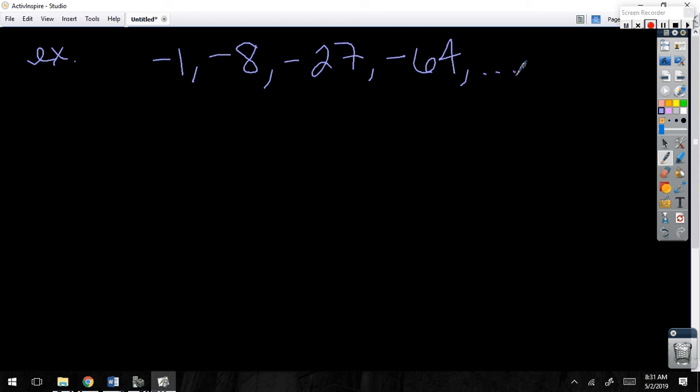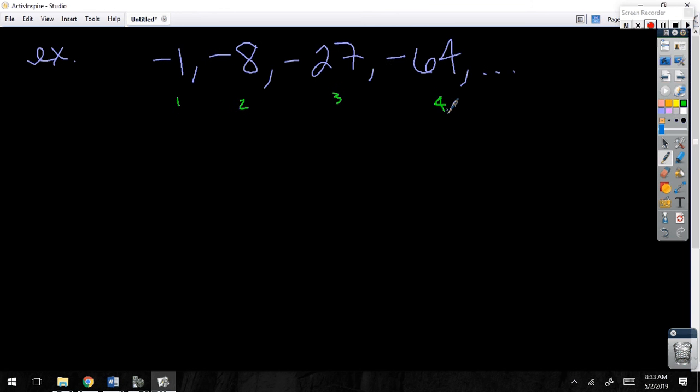Your mission is to now write the rule. So here's what we're going to do. We're going to write a rule based on the term number itself. My advice to you, what I find the easiest anyway, is to write the actual term number under it, because sometimes it's easier to relate that back and see the pattern. 2 to the 3rd, 3 to the 3rd.